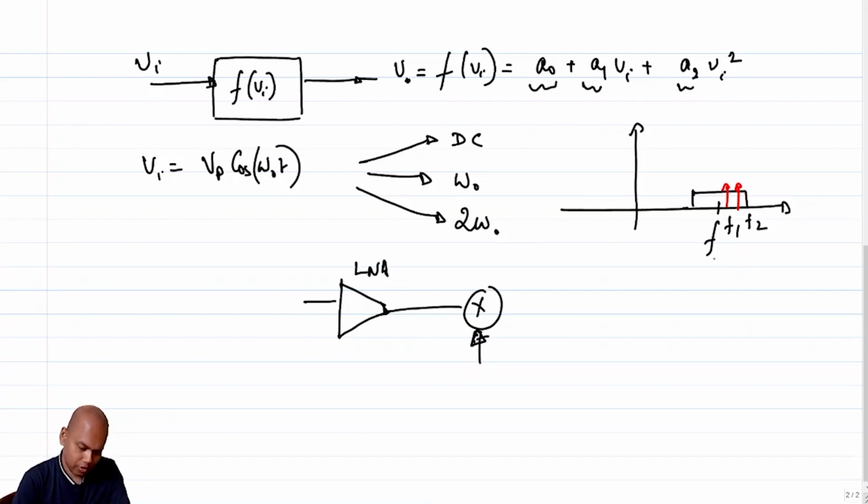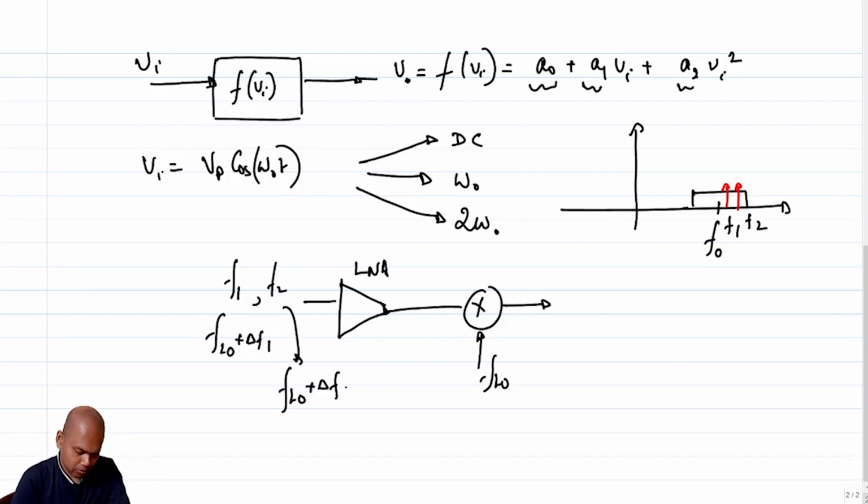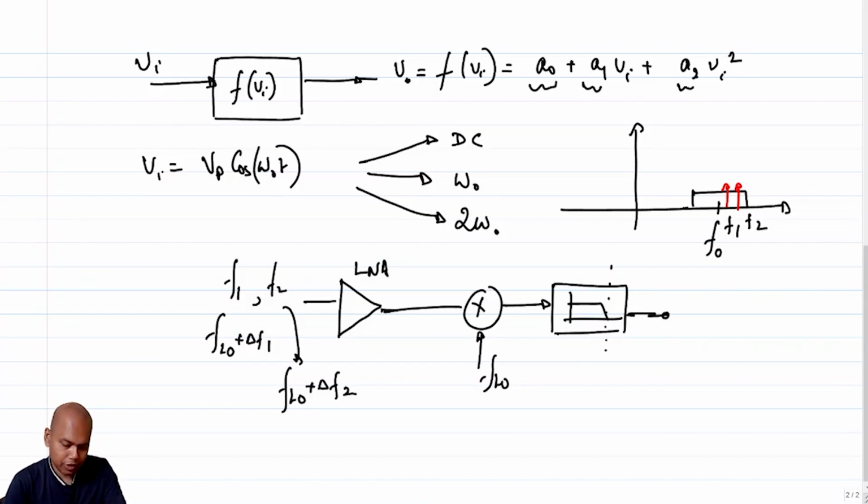And the mixer will be operating at FLO, and the input will probably be at f1 and f2, where maybe f1 is FLO plus delta f1 and f2 is FLO plus delta f2, right? And after the mixer, there is probably an ideal low pass filter, right? We are interested in observing the final output here.